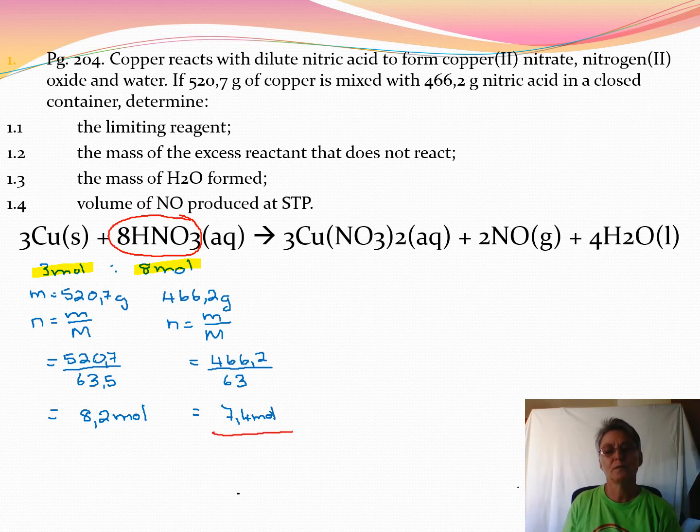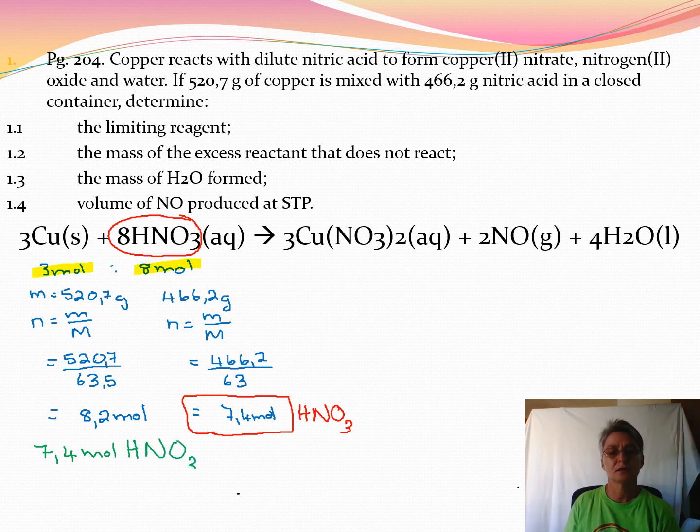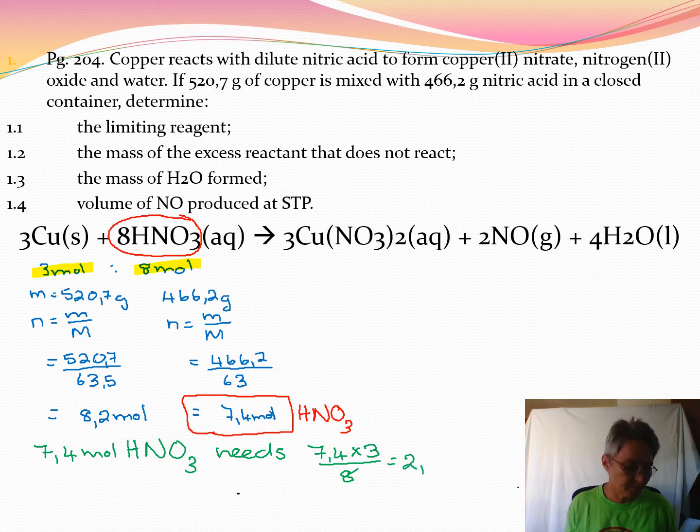So 7.4 moles of nitric acid, HNO3, will react. 7.4 moles of nitric acid needs 7.4 times 3 divided by 8, which is 2.775 moles of copper. So that is the moles of copper used.